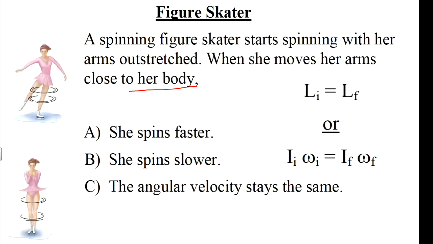The value of the moment of inertia. How does she change it? When she pulls arms closer to the body, what's happening to I? Decreases. We know when we move masses away, it increases inertia. When she moves mass closer, it decreases inertia. But in order to keep the product constant, what should happen to velocity?